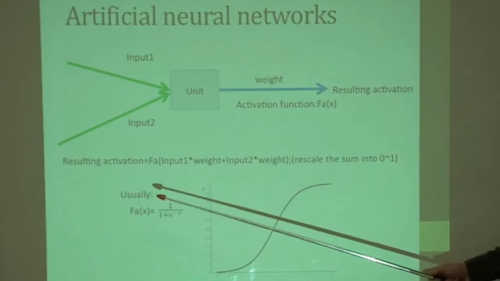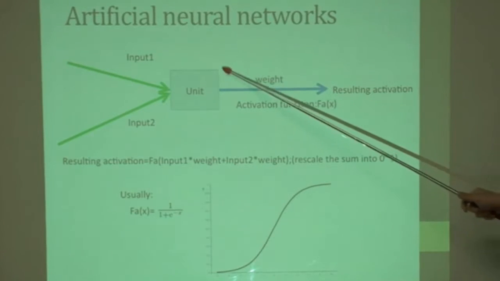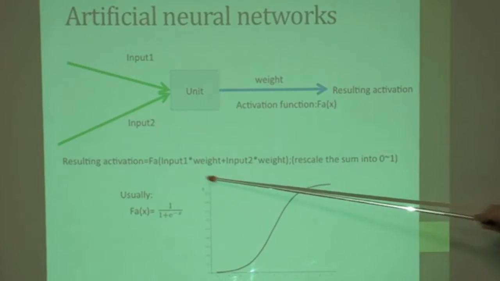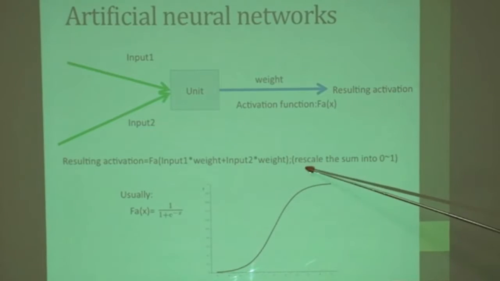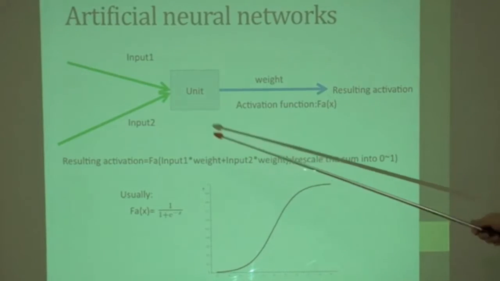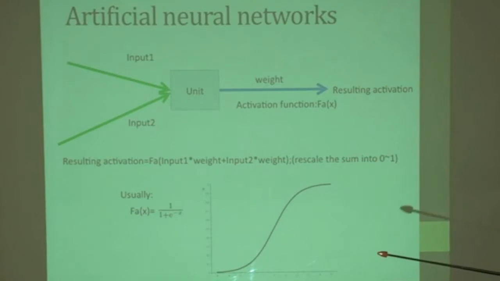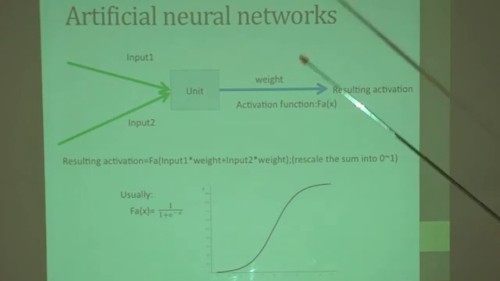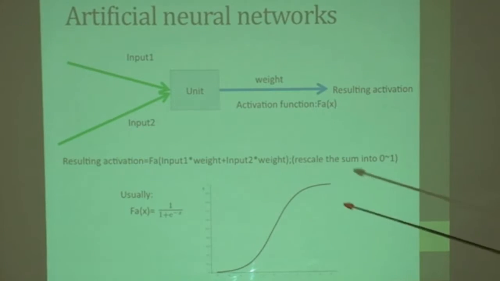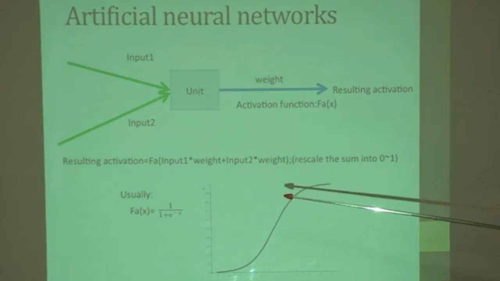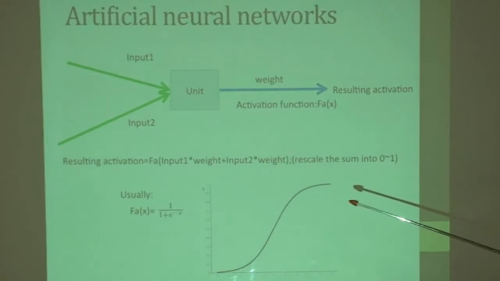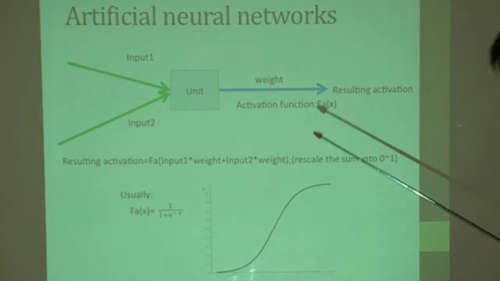Usually the inputs will be processed in this way: first we multiply each input with the weight of the connection, and rescale the result into a value from 0 to 1. And usually we use this kind of function to rescale the activation.